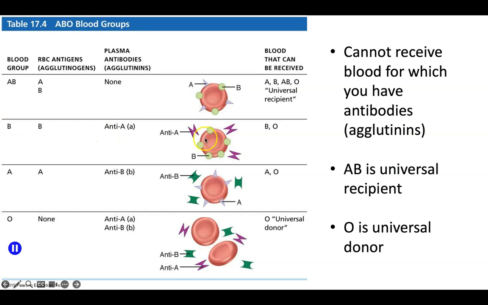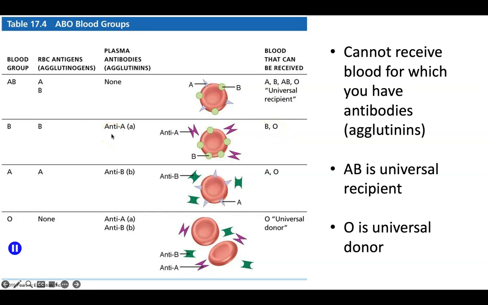Type B means that you do not have antibodies against the B antigen. So that means that if you receive blood from someone with type B or type O, your immune system will not react to those blood types.